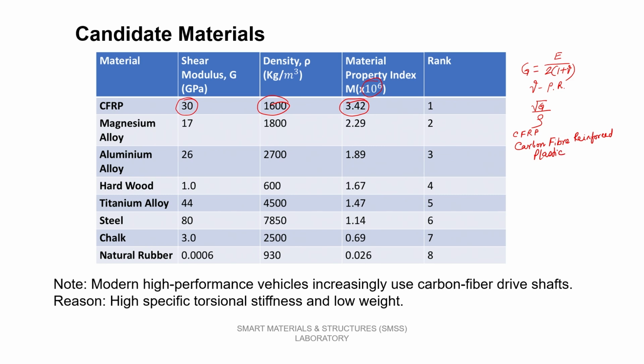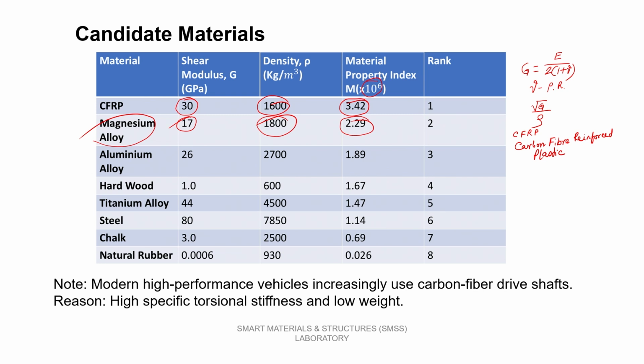Now, another material that can be used, may not be for shaft in fact, is magnesium alloy. The reason being, magnesium has a very low density, similar to carbon fiber, about 1800, and the shear modulus is not so high, about 17. If you evaluate it, because of the low density, it will come out to be 2.29.